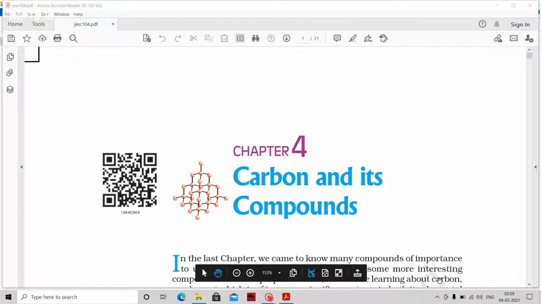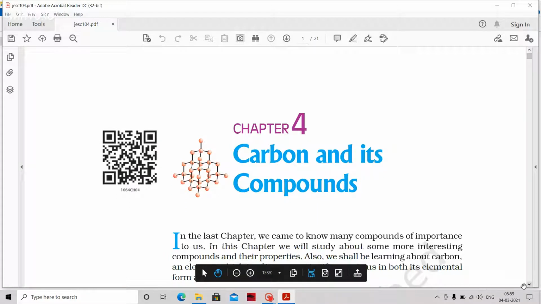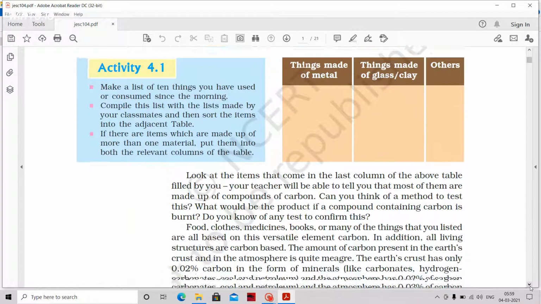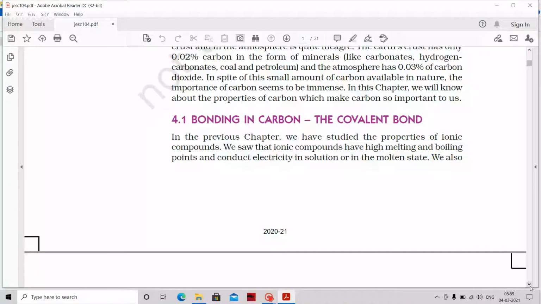In this video, we will see the second part of the carbon and its compounds lesson, CBSE NCERT 10th class. In the previous video, we went through what carbon is, and bonding in carbon.